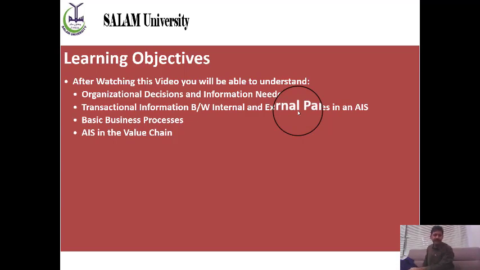This is another topic we will study in detail. And basic business processes. What are the basic business processes? So we will study here AIS in the value chain. Let's see more about these topics.